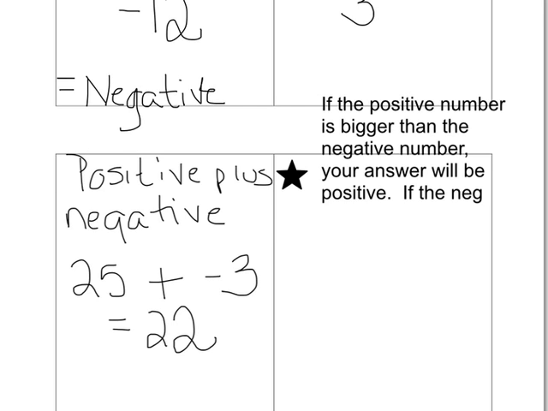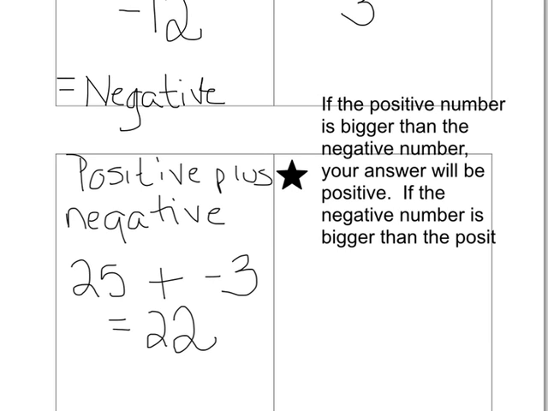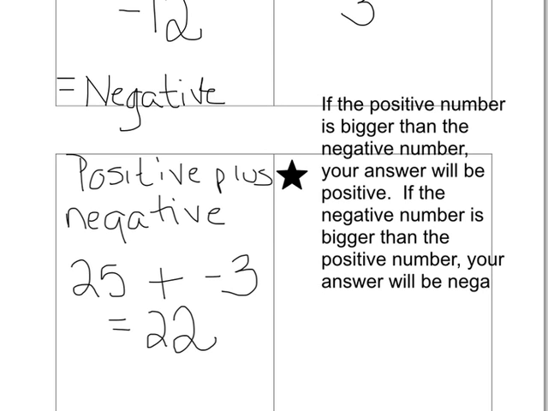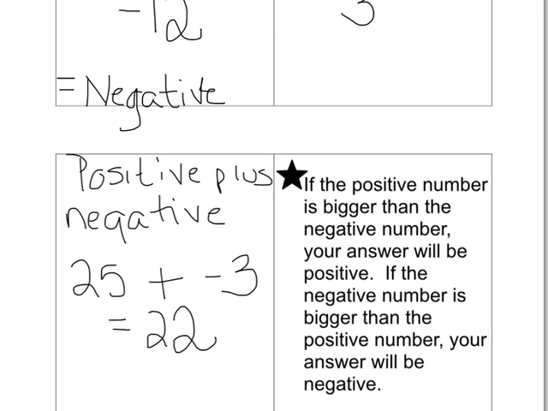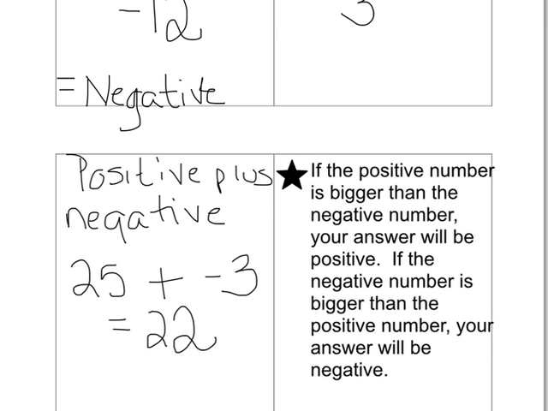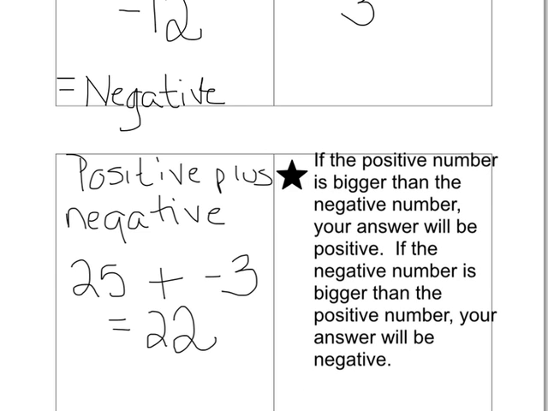If the negative number is bigger than the positive number, your answer will be negative. So you have to see which one is bigger. Hopefully those rules will help you out.